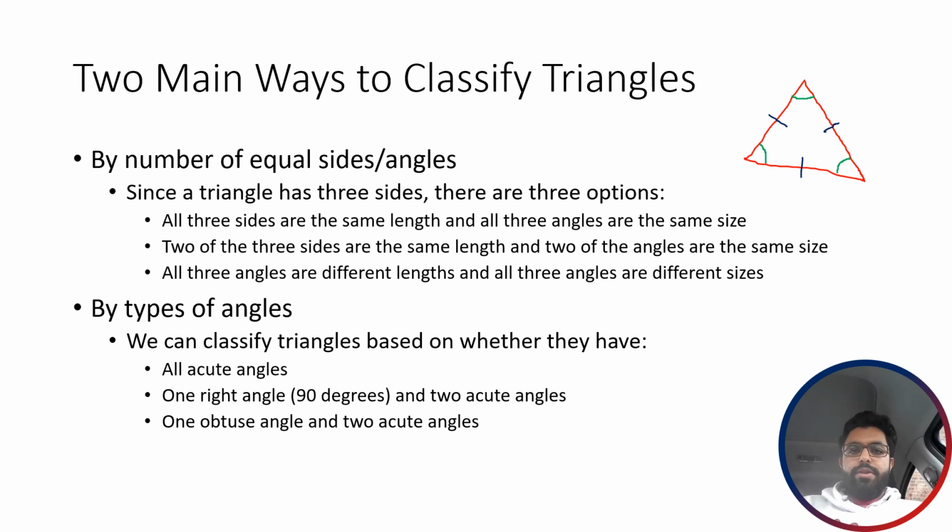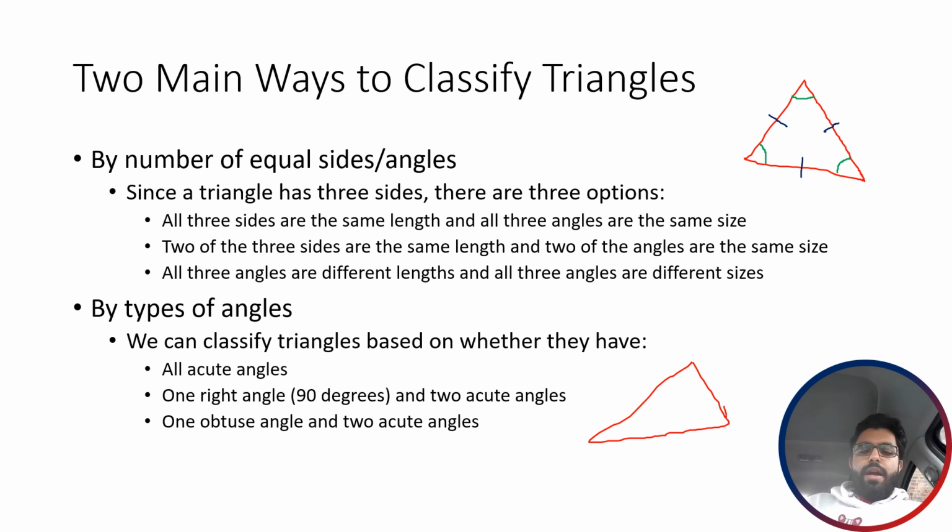So that's the first way to classify triangles, and we're going to look at them in more detail on the next slide. But the other way is by the types of angles. So the types of angles that we just looked at on the previous slide: the acute, right, and obtuse angles. Every triangle has at least two acute angles, two angles that are smaller than 90 degrees. So if I draw just any triangle, something like this, right?